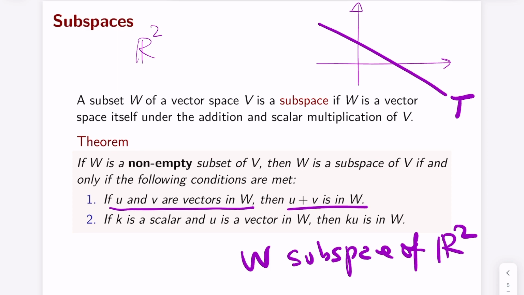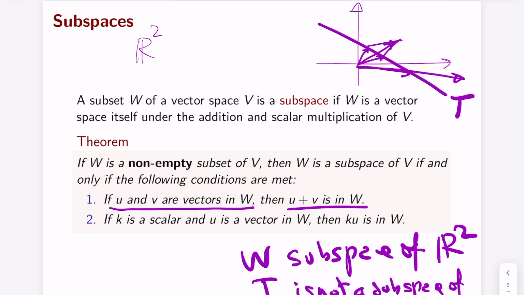If we think here of two vectors in T, like this one and this one, observe that any addition here will go outside of the line. Same thing with the multiplication. A vector like this, when we multiply by something, gets outside of T. So T is not a subspace of R2 then.